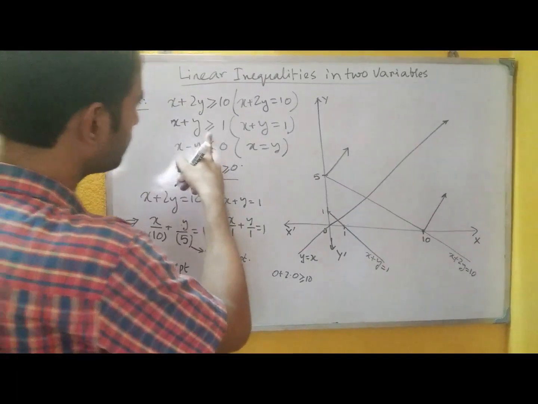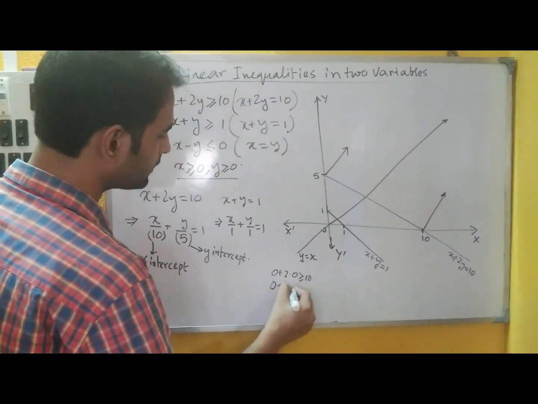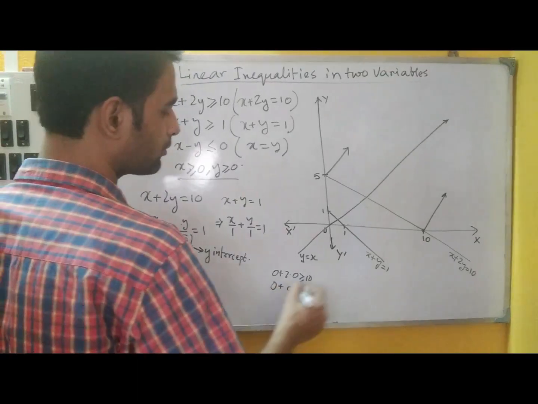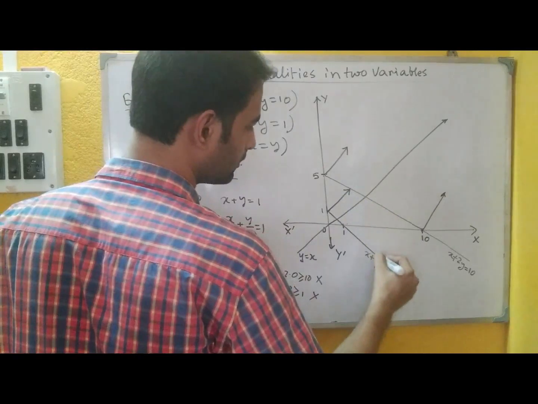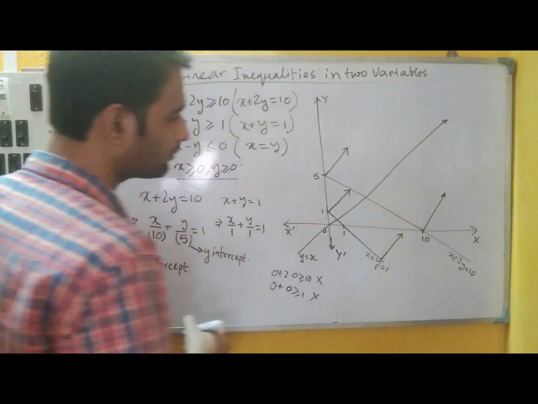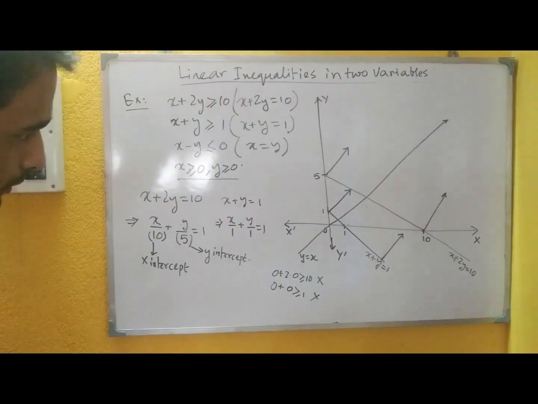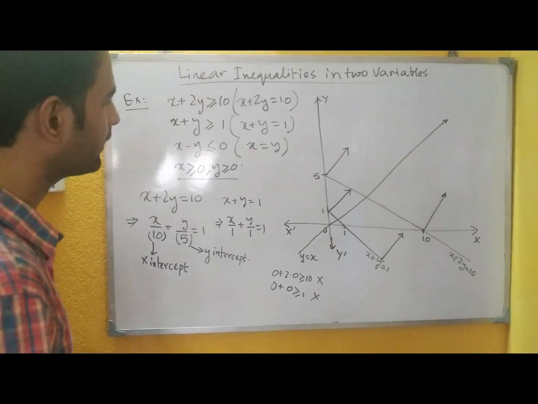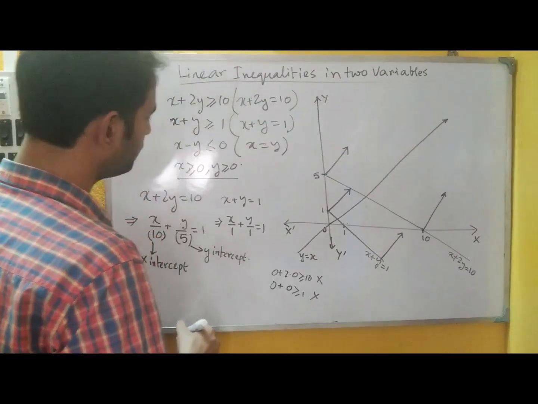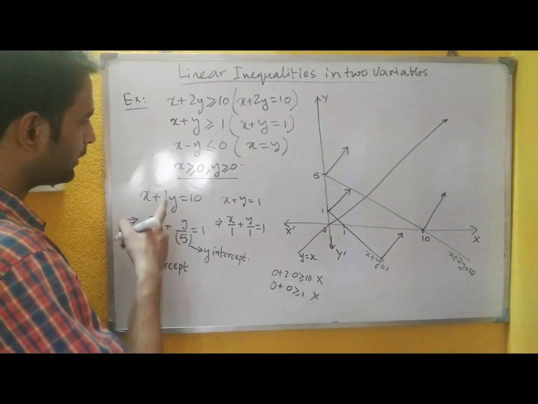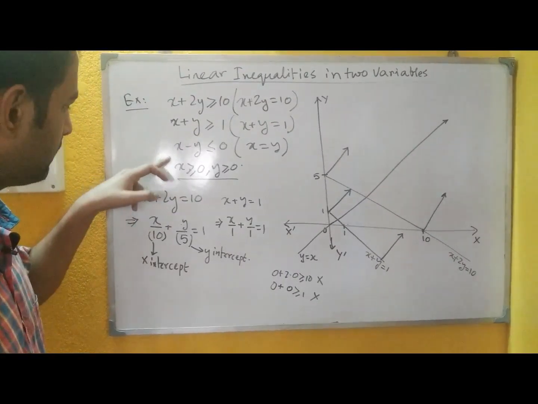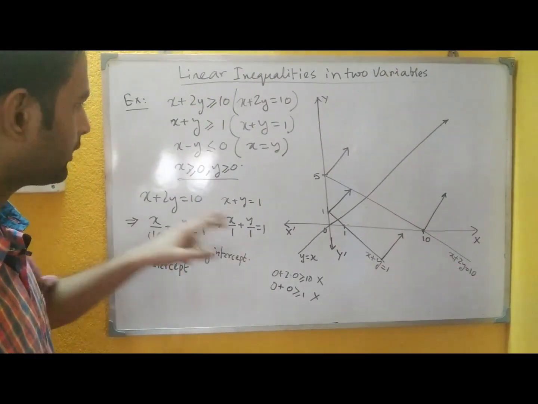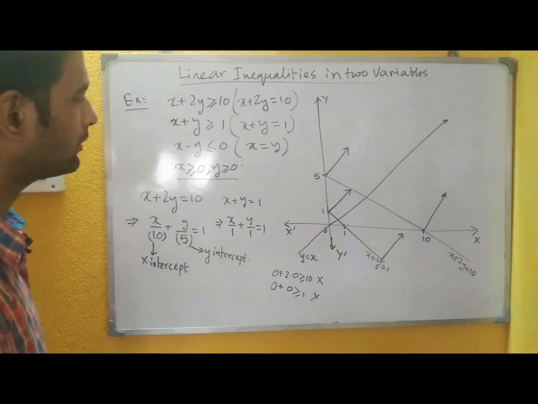Similarly, for the second line, 0 plus 0 is greater or equal to 1. This is also not true. So again, the shading will be towards the opposite side of the origin. Then we go for the third one, x equal to y. Here we cannot verify the inequality using the origin, because the origin is lying on the line and it will always be true.